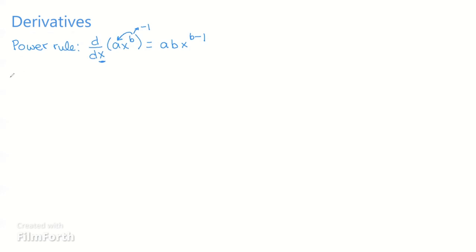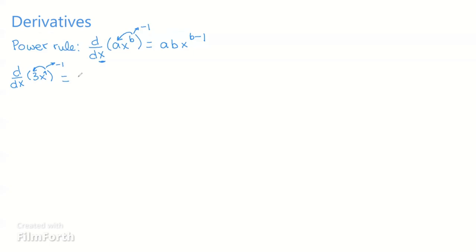So looking at this in practice, if we wanted to take the derivative with respect to x of just something like 3x, we're going to do exactly the same thing in this situation. So we can say there's like a little 1 here that's kind of implied. So we take this 1, multiply it down, and then subtract 1 from the exponent.